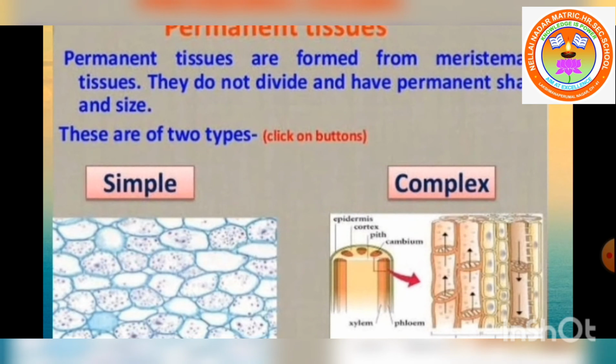So, what is simple permanent tissue and complex permanent tissue? Simple permanent tissue is a group of cells which are of similar origin, form and function. So, that is only known as simple permanent tissue. Now, what is complex permanent tissue?